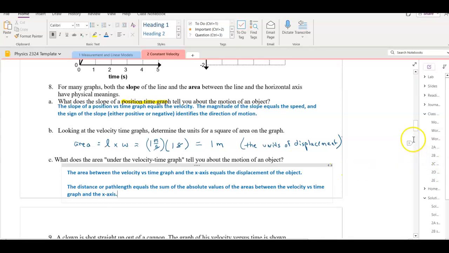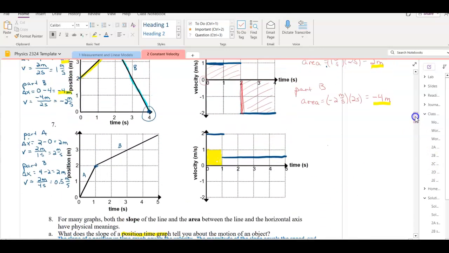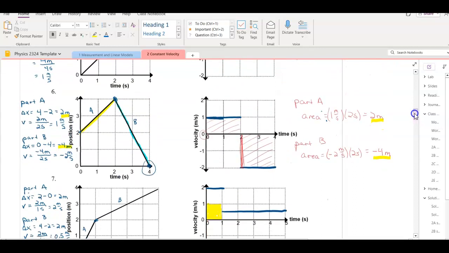So let's go up and look at that example where it changed directions right here. Number 6. So we had a trip in 2 parts. First it went in the positive direction, and so it had a positive displacement, and then it moved in the negative direction, and so it had a negative displacement. The total displacement over the whole trip would be the final position minus the initial.